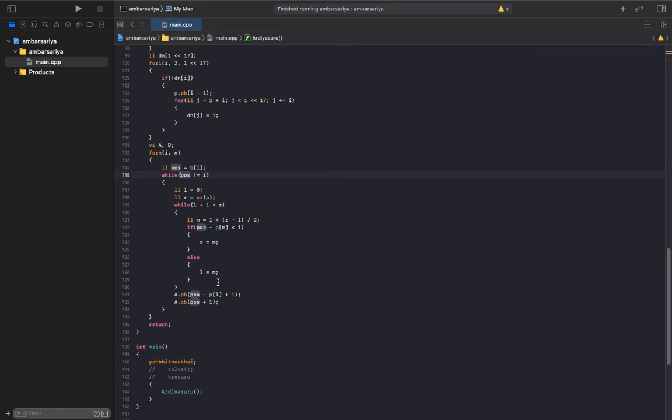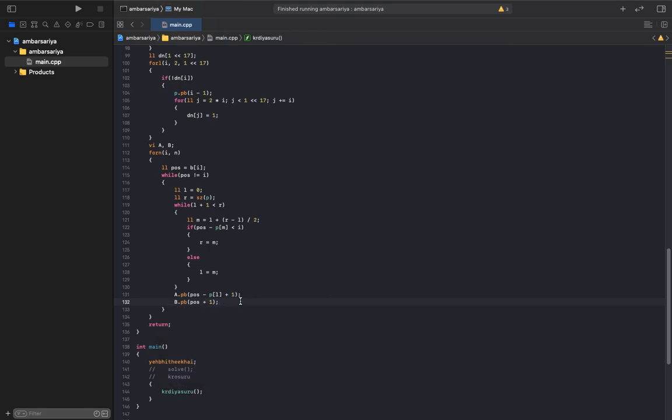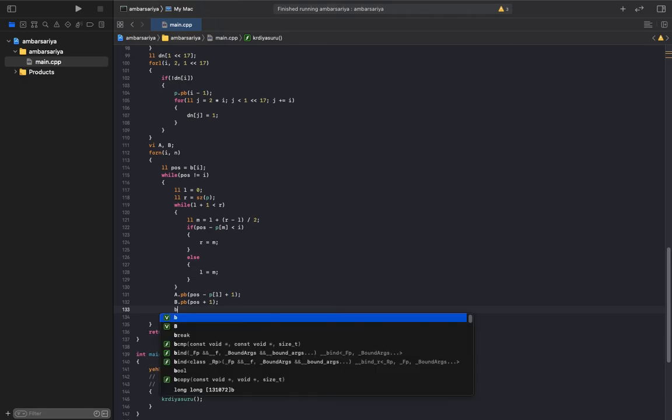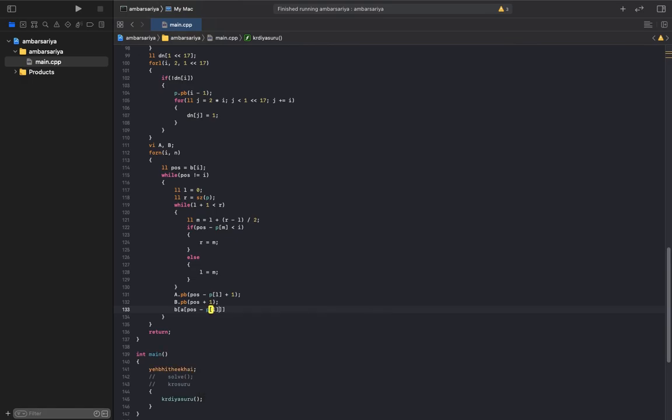I found the prime which is p of L, as L gives the closest range to the maximum prime, so position minus prime will replace the position, and the values will be changed in B also. And B of I must be equal to pos minus P of L.